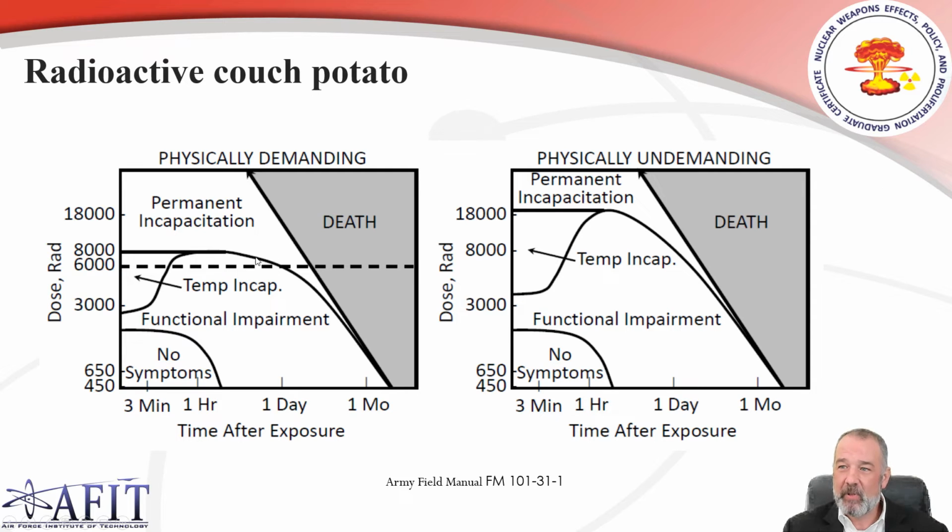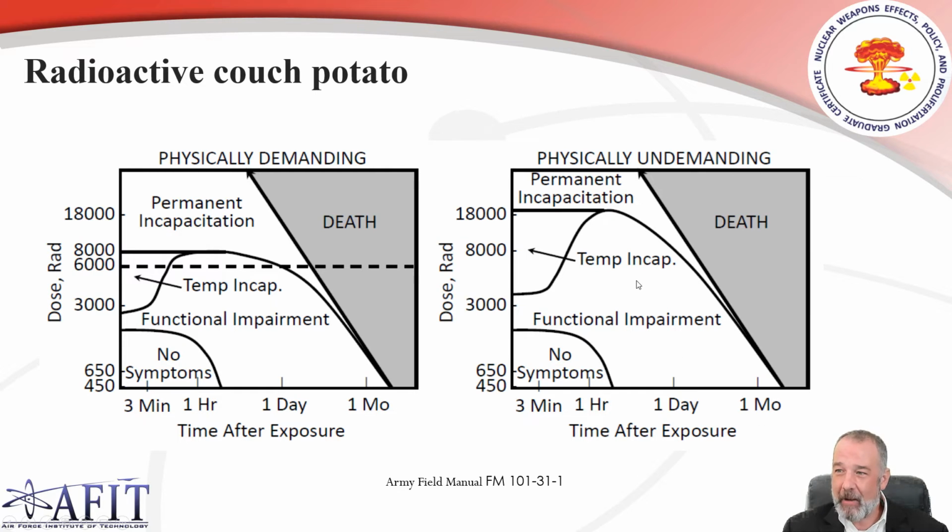Now, they kind of level out. If you're a couch potato, we're into functional impairment all the way out to a bit more than a month. But following that, you get death. So it ends up the same for both of them.